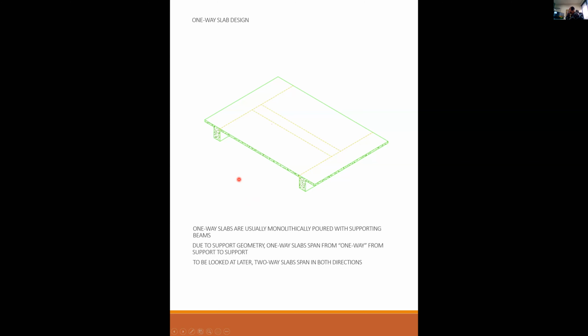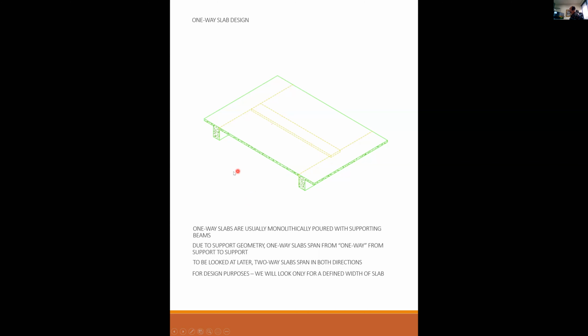To design these, if you want to think about it this way, we can take a section of this slab and isolate it for design purposes. So we can look at only a defined width of the slab, like so.